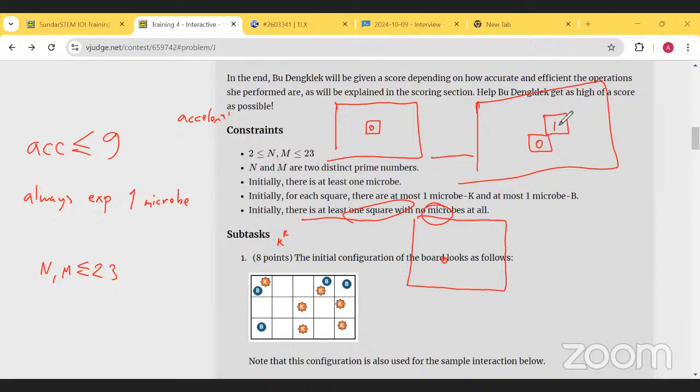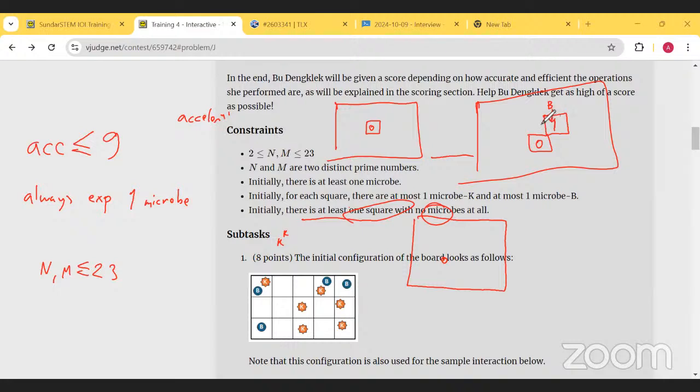Why? Because if there is one position after we accelerate from this condition, because there is no microbes here, the only possibility is microbe B moves down. Okay. And it is impossible there is microbe K here because microbe K can only move to the right.